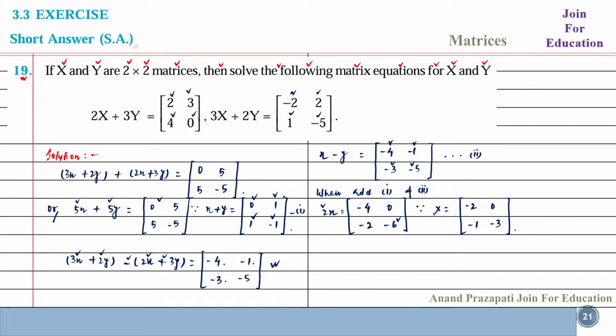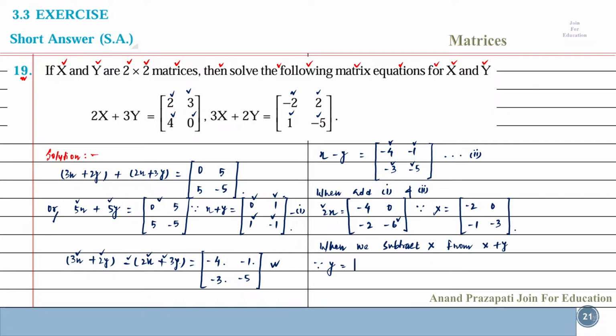When we subtract x from equation number 1, when we subtract x from x plus y, then we get y.